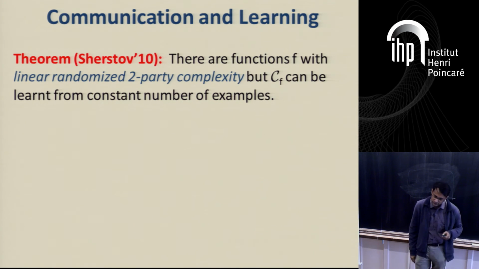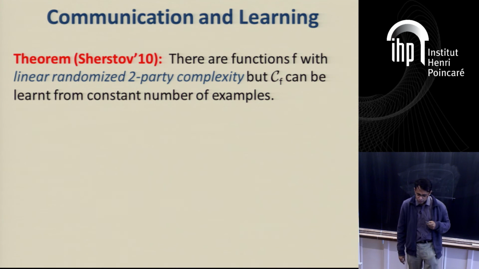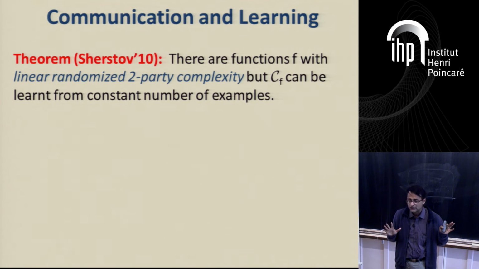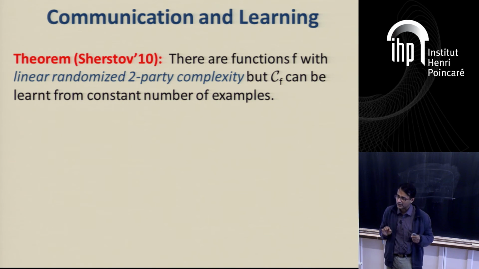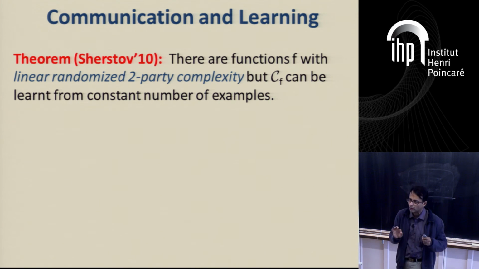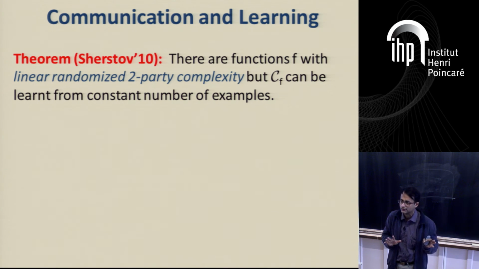Okay, and here's a beautiful theorem due to Sherstov, who showed the following: there are functions with linear randomized two-party complexity. So the matrix there is very hard from the point of view of communication complexity, with randomized complexity as high as it could be. But the concept class induced by that matrix can be learned by a constant number of examples.